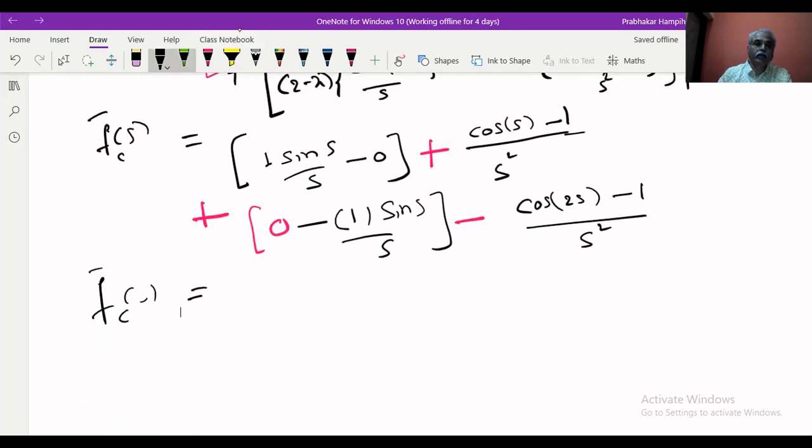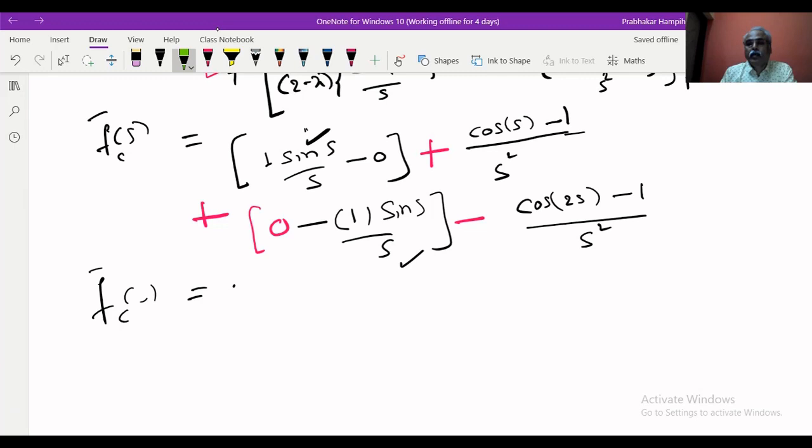You can very easily see that sine s by s minus sine s by s, these two are getting cancelled. So the remaining terms are cos s and cos 2s.